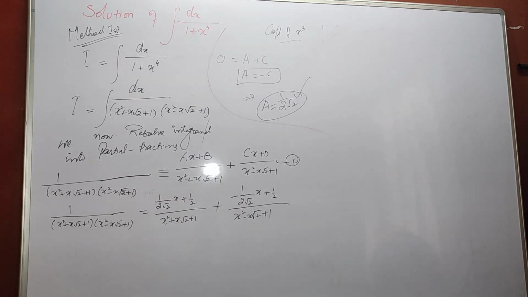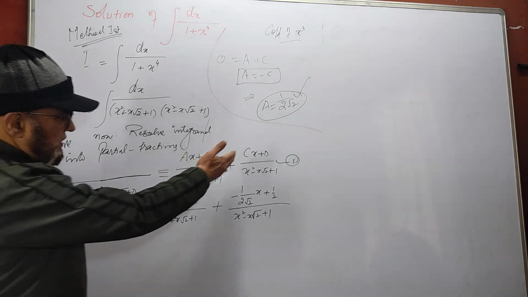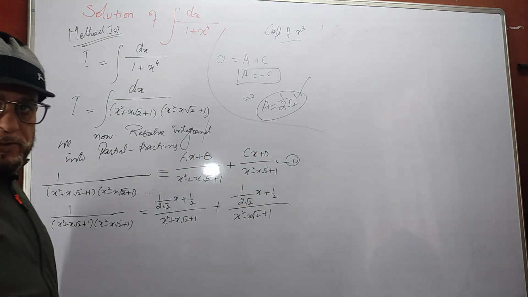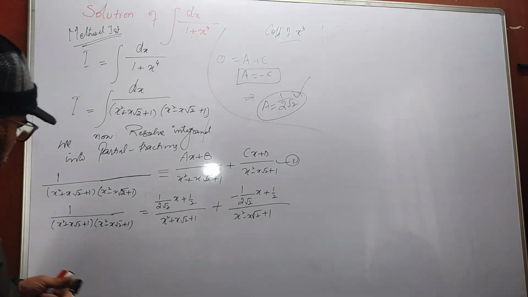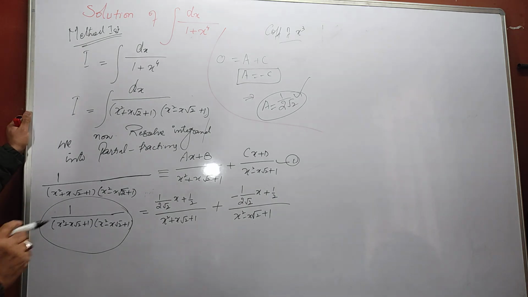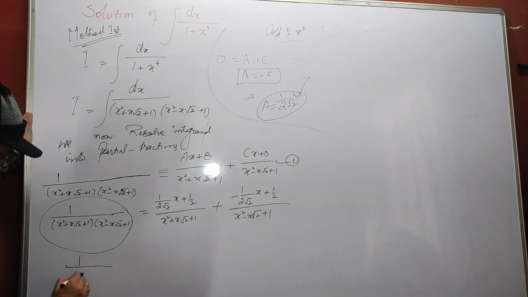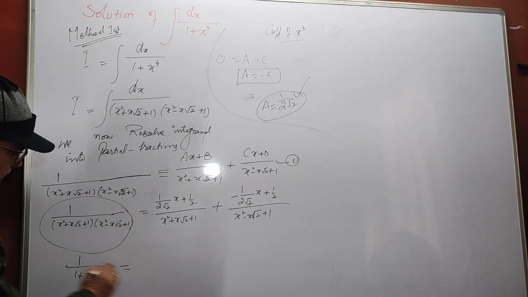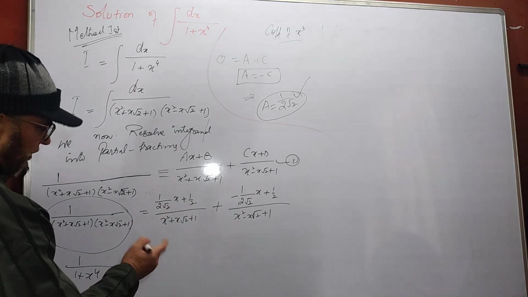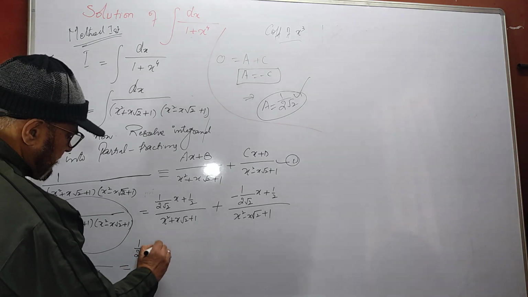We have replaced these a, b, c and d by their respective values, and we come to this position. This left hand side is the decomposition of the given integrand 1 by x4 plus 1, or 1 by 1 plus x4. So I can write 1 by 1 plus x4 is equal to, here I can take 1 by 2 root 2 common.